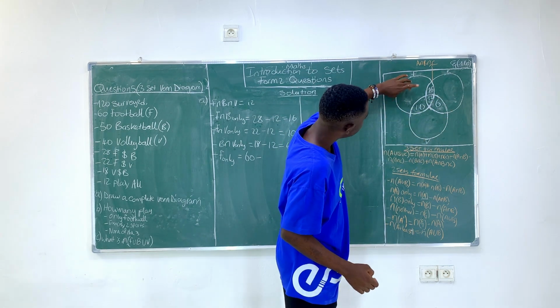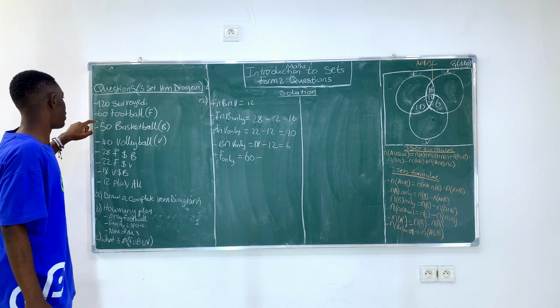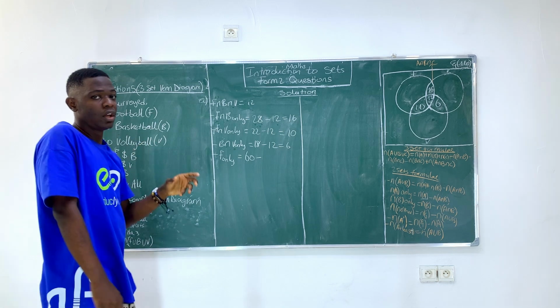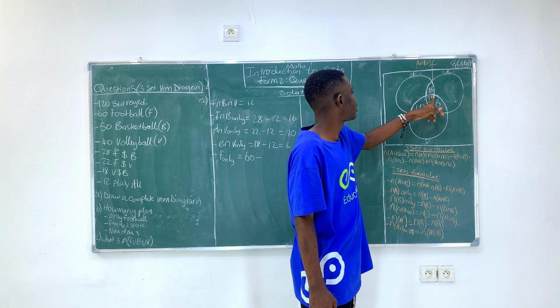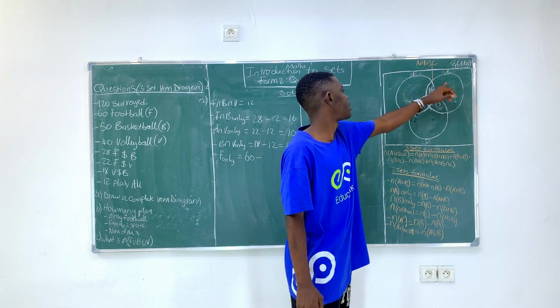So if I want F only, I already have my total F. I already have the total number of people that are playing football. Now, if I want the people that are playing football only, I must remove all of these other people, because these people are not playing football only. They're playing football and other things.